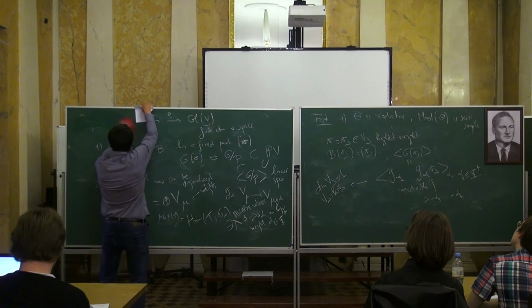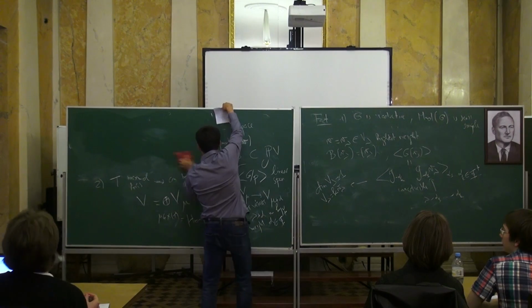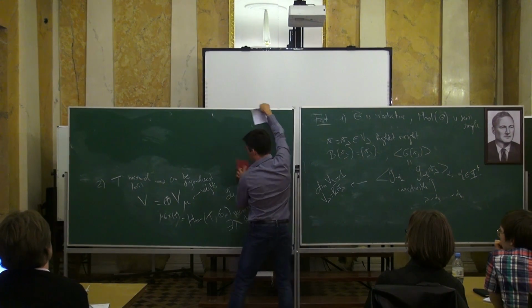So then, now when you have two irreducible representations, V and V prime, with the same highest weight, they must be isomorphic.